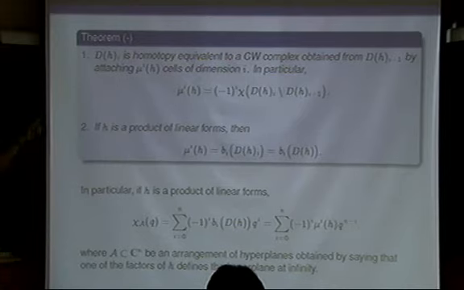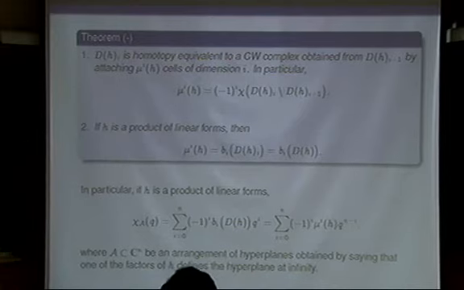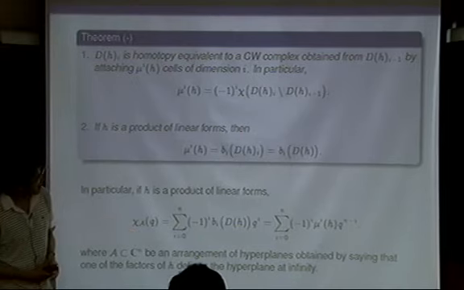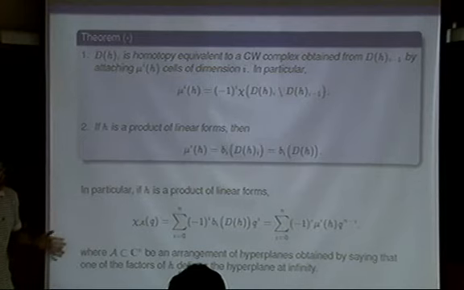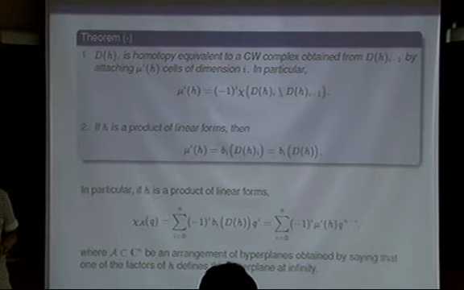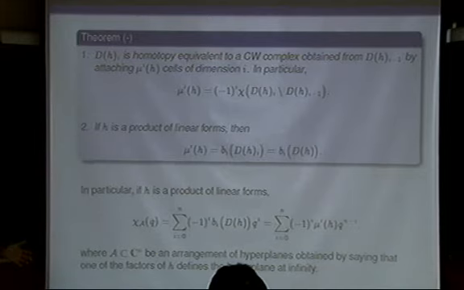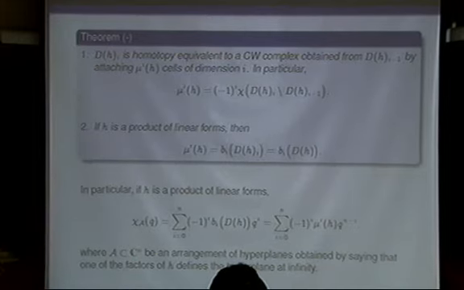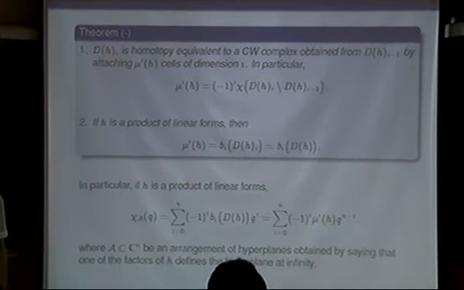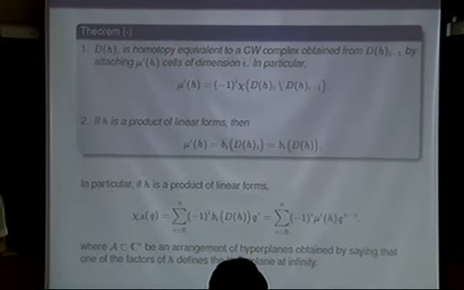So if you accept 1, then if you attach k plus 1 cells, since the kth Betti number is not affected by that process of attaching, the number of k plus 1 cells attached should be the Betti number. In other words, the attaching map is homologically trivial because it should not alter the kth Betti number. So that's where 2 comes from.